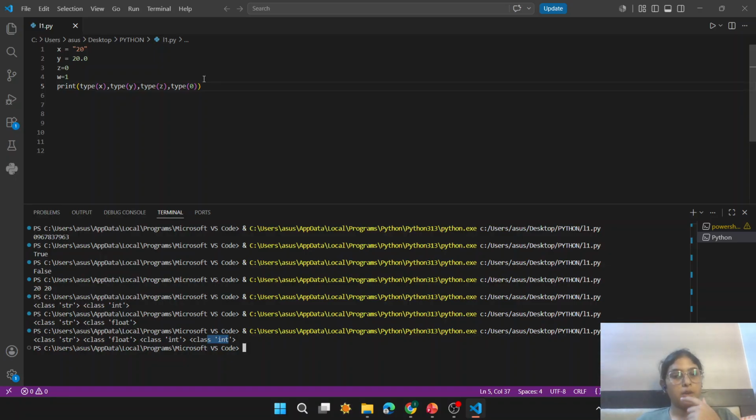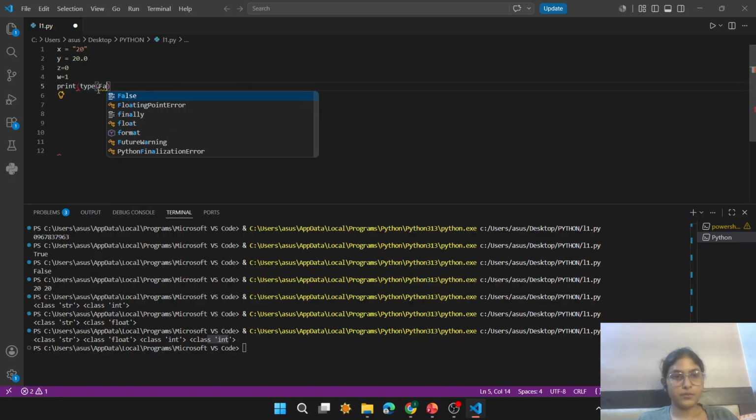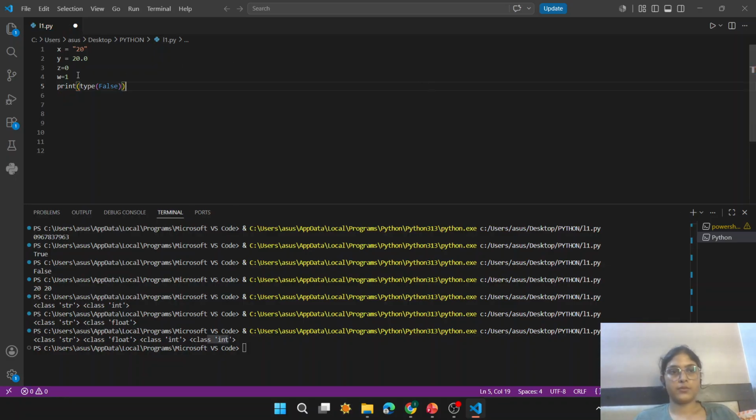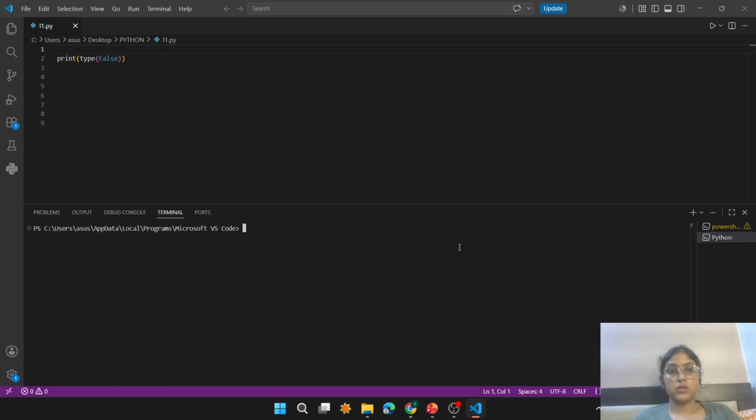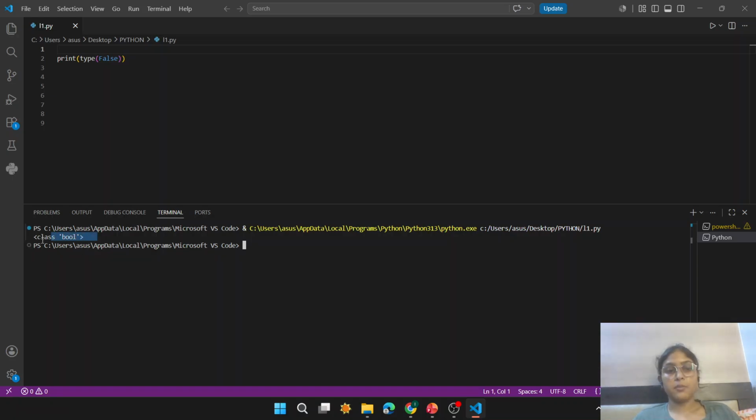So if I give you another example, now this is telling me, okay, whatever you are asking the type of, it is a Boolean.